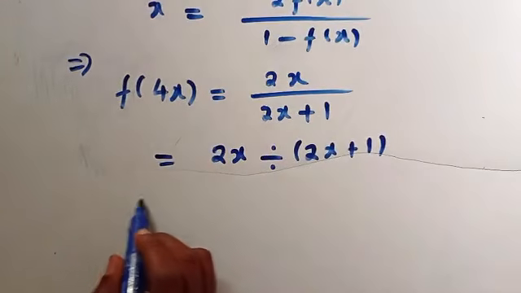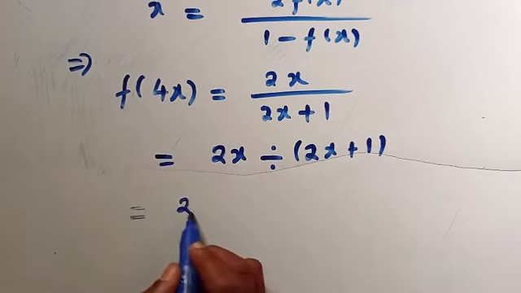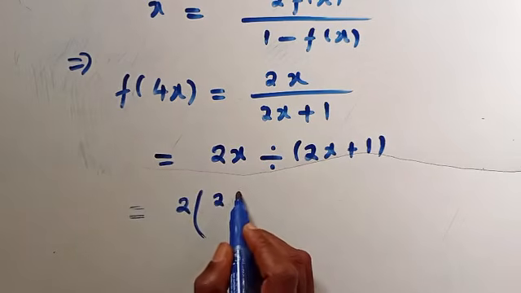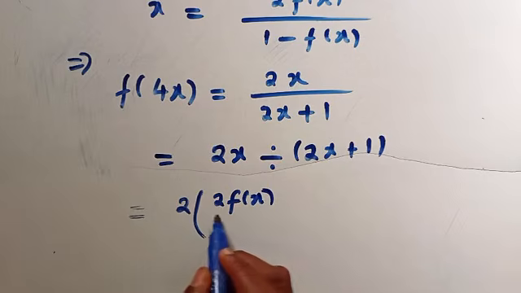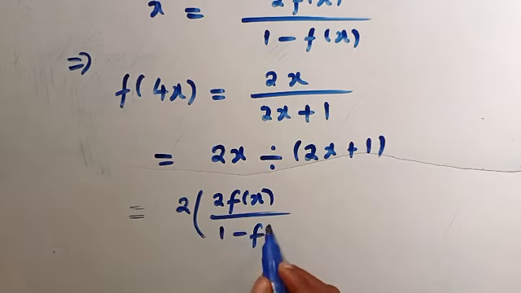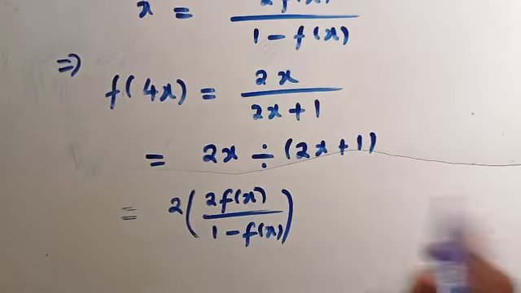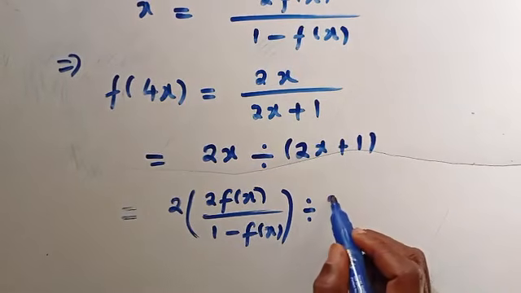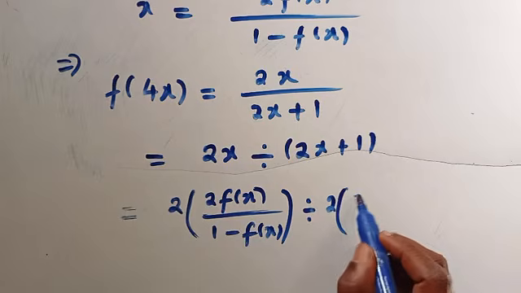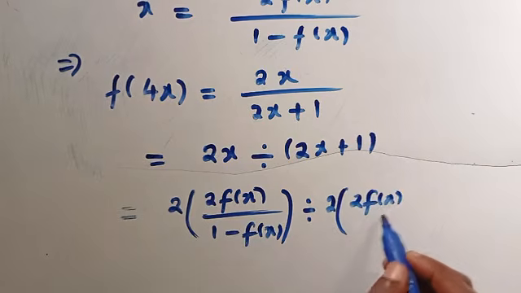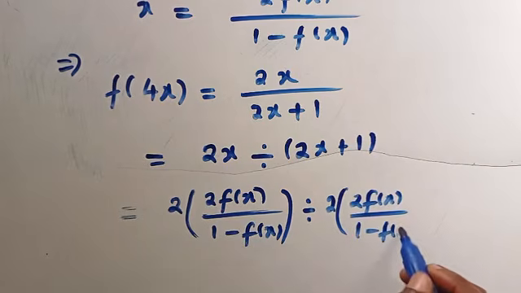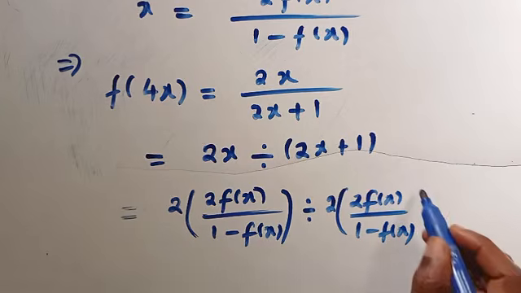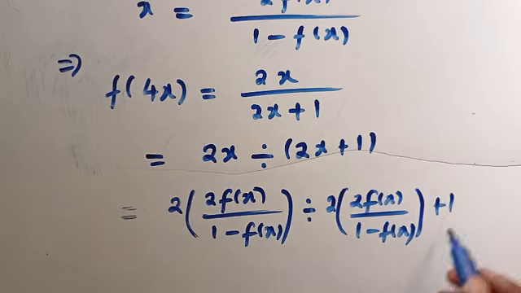So by replacing that, we are going to have 2 into bracket of 2f of x divided by 1 minus f of x. Then another division, 2 into bracket of 2f of x divided by 1 minus f of x in bracket, then plus 1.